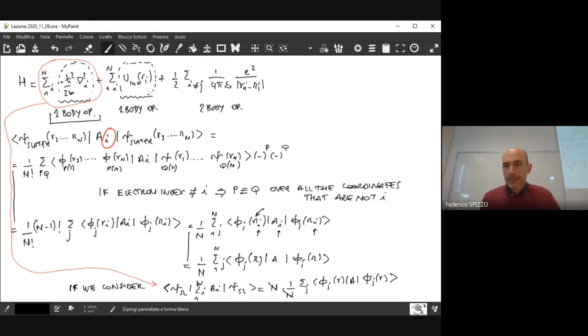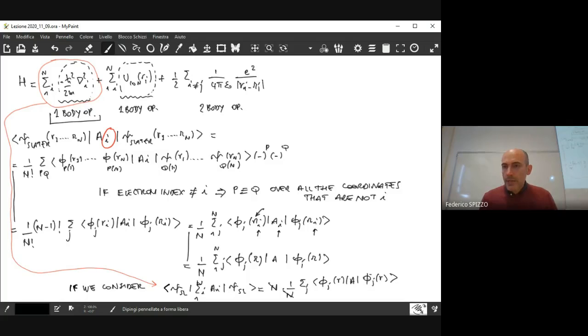So the final point is, even considering the Slater determinant as the wave function of the n-electron system, in this way we are able to consider a sort of n-electron wave function that includes the antisymmetry properties that are fine for fermions. Even considering that, the expectation value of the full Hamiltonian over this Slater determinant can be written as a sum of single-level expectation values.